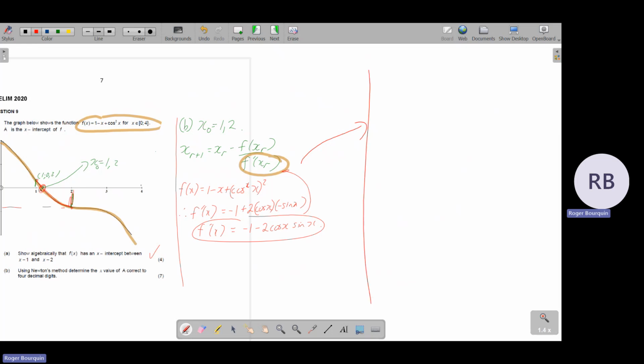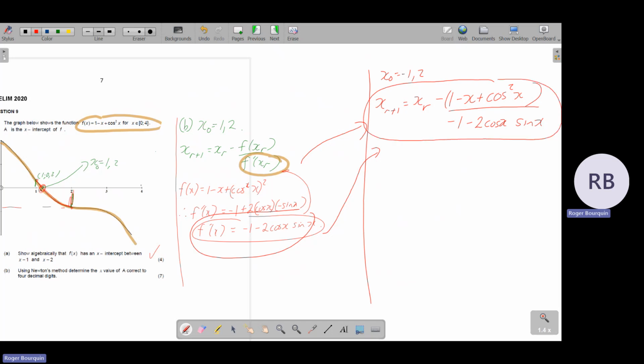You're going to say, I'm using x naught equal to 1.2, and my next guess is equal to my previous x value minus f of x_r, which is 1 minus x plus cos squared x, over f dash of x, which is over minus 1 minus 2 cos x sine x. So that's my iteration formula for this particular function.